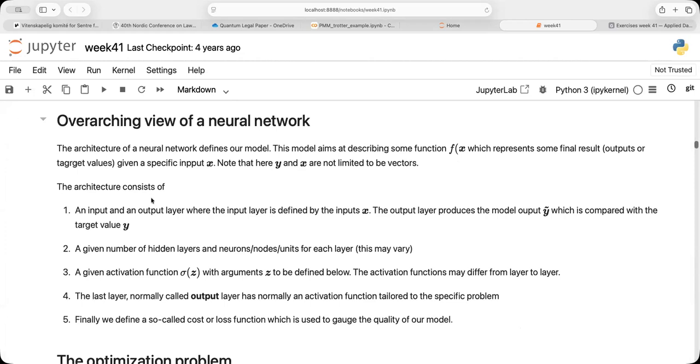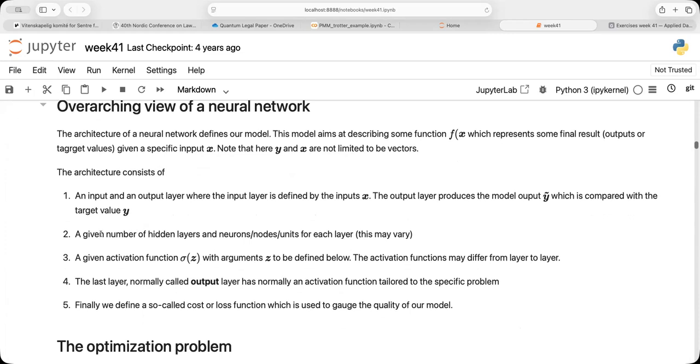So the network contains an input and output layer where you define the inputs X, and then you have an output, which is your model, which is then compared with a target value, as before. Then you have a given number of hidden layers and units, or nodes, as we call them, or neurons. This can vary. This is the complexity of your model.